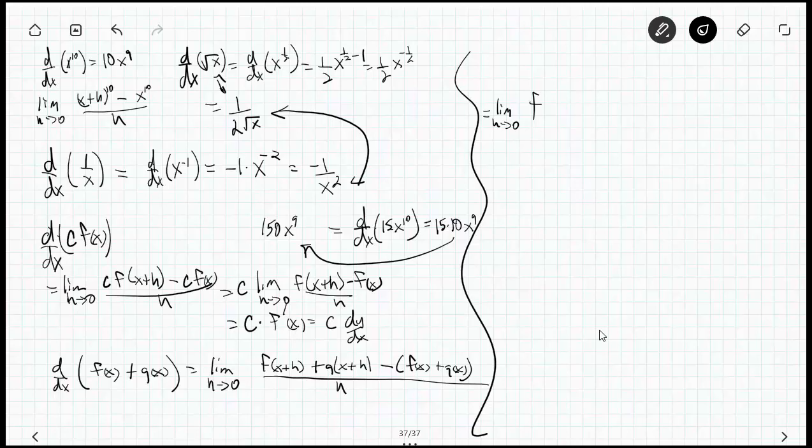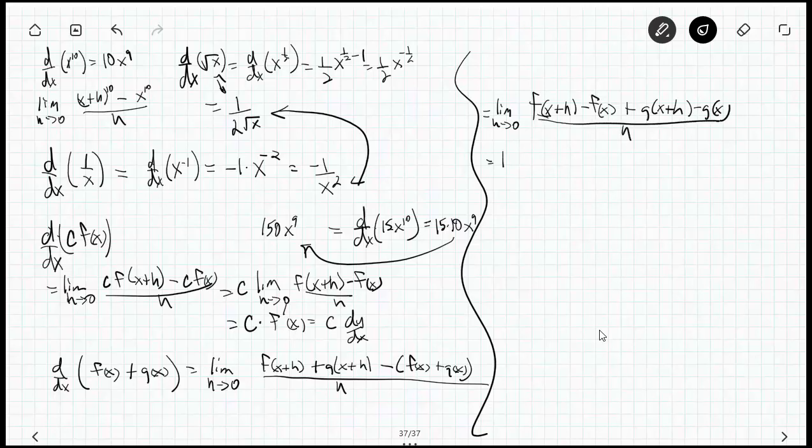So I got this. Now all that I'm going to do here is turn this into the limit as h approaches 0 of f of x plus h minus f of x plus g of x plus h minus g of x, if I distribute that negative across, all over h.